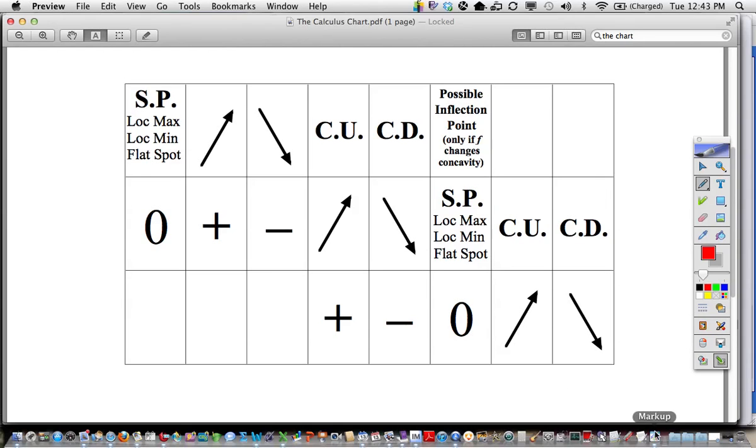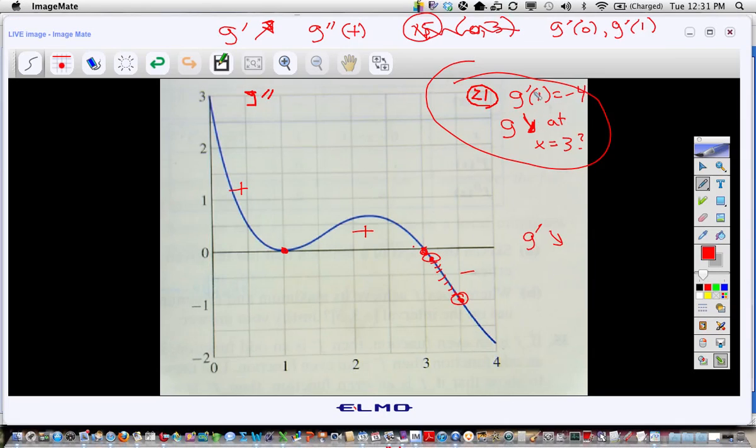So then the question where they say is G decreasing at x equals 3, that's not the question I'm going to answer. The question I'm going to answer is, is G prime negative at 3? That's the question I need to answer. Because if G prime is negative, then I'll know G is decreasing.